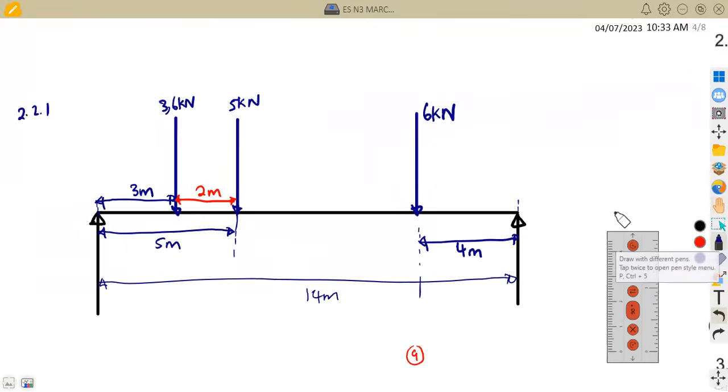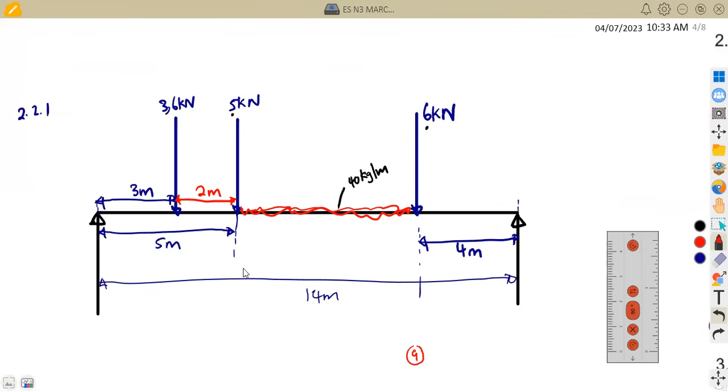This is where we have our 6, and this is where we have our 5. So in between these 2 points, there is a uniformly distributed load that we are given. That is what they are saying. And it's of 40 kg per meter. All right, so we're given in kgs per meter. So what is the distance between these 2 points?